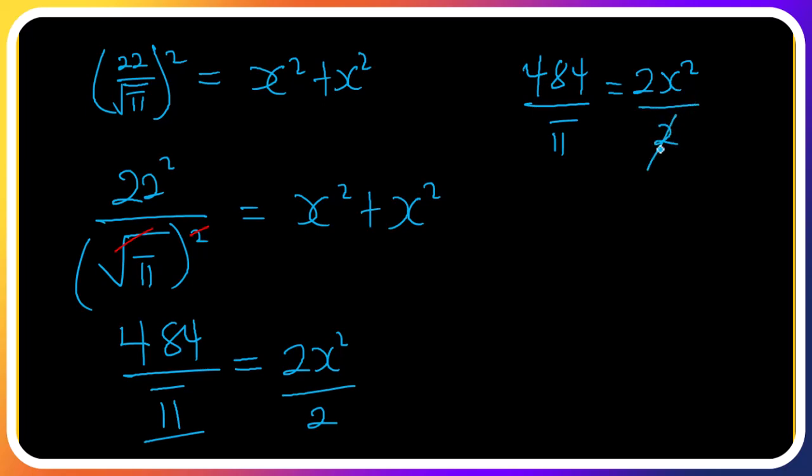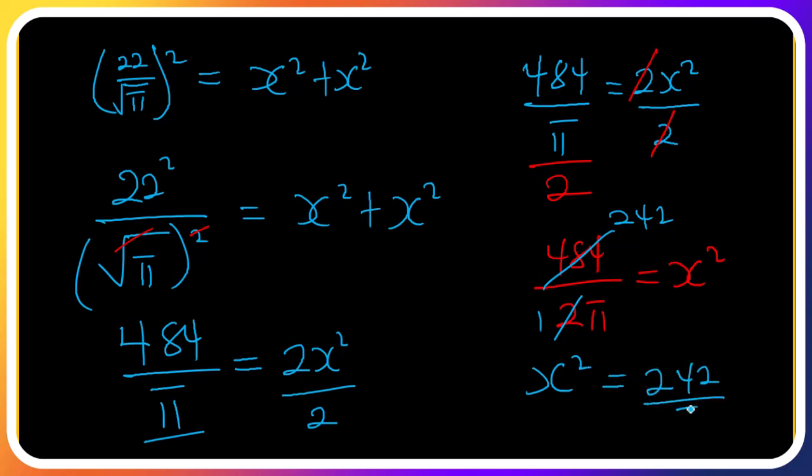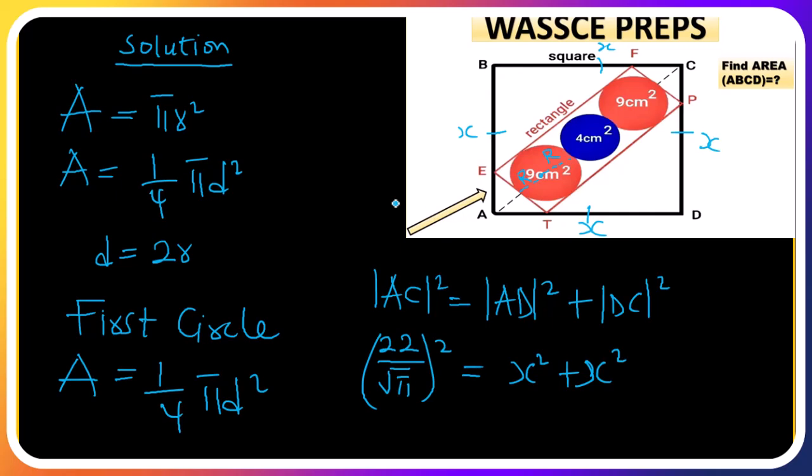So this 2 cancels 2, and we have 484 on 2 pi equals x squared. 2 into 4 is 2, 2 into 8 is 4, so 484 divided by 2 is 242, so x squared equals 242 on pi. So this is the area of this square shape.